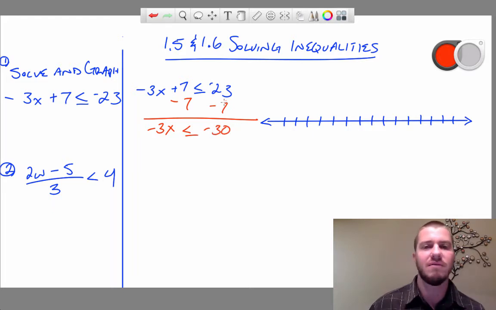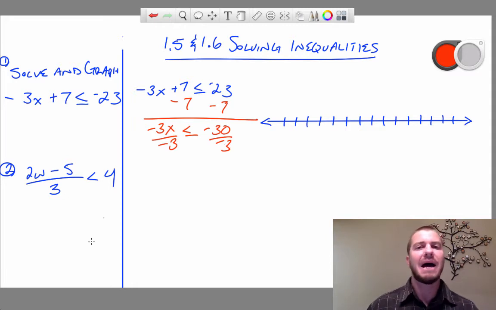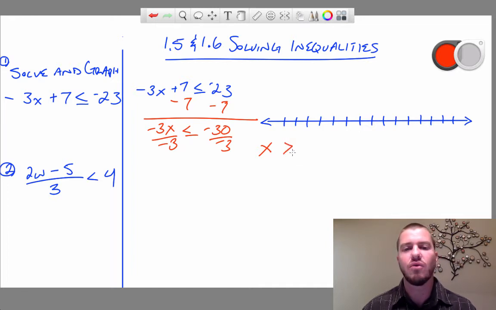Negative 23 minus 7 is negative 30. Divide by negative 3. This is where I'm dividing both sides by a negative, so that's going to change. It's going to be x is greater than or equal to positive 10.